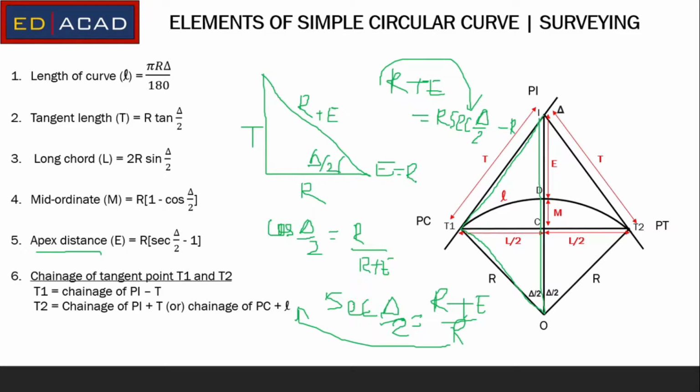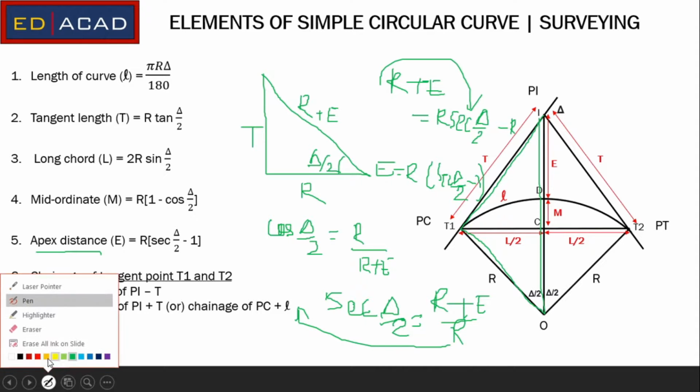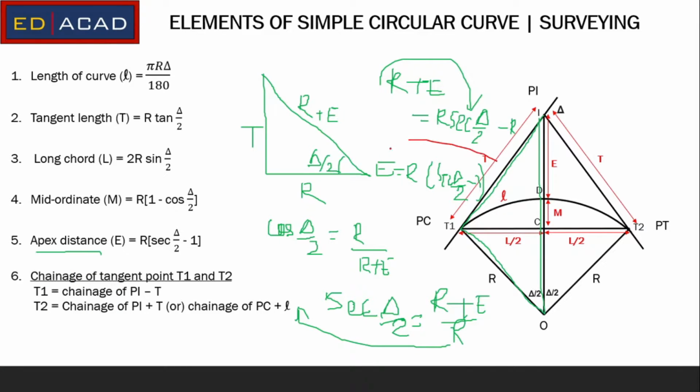So take R common, and we'll get this as R times sec delta by 2 minus 1, which is this. I think this should also be very clear.